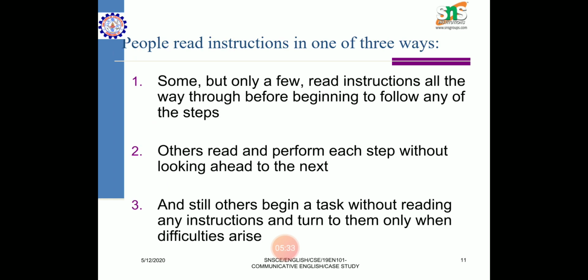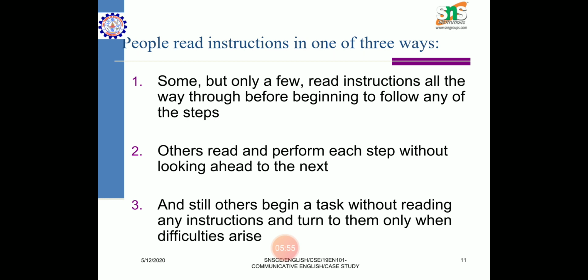People will read the instructions in three important ways. One is that before beginning, they go through the instructions, steps, rules and regulations first, and then they start assembling things. The second is that they read it step by step and perform it continuously, looking ahead to the next level.